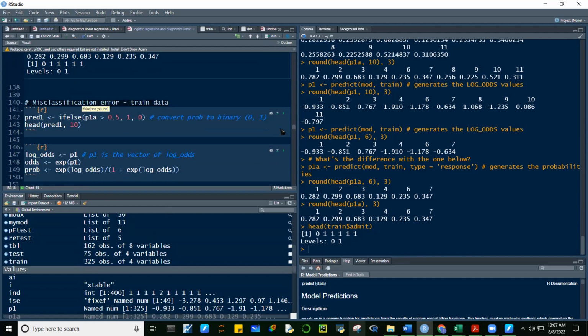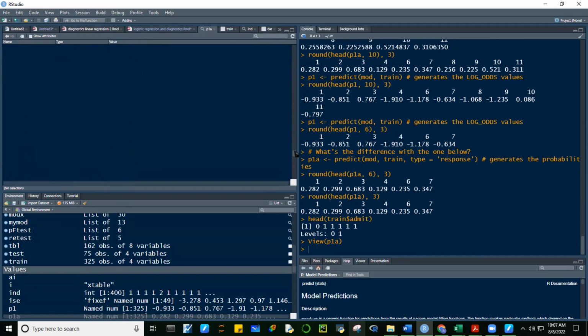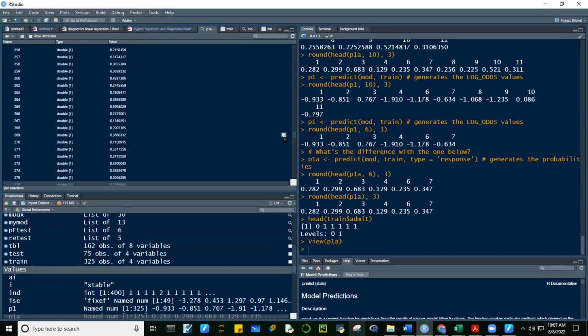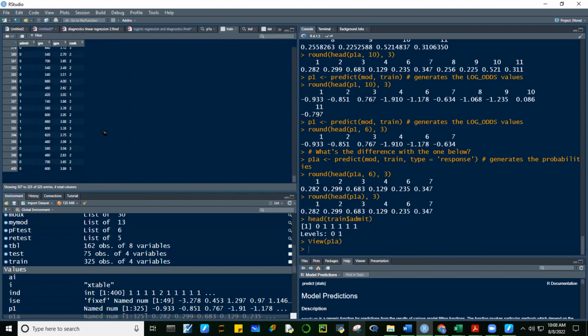What is P1A? Let's view P1A. Okay, here it is. P1A shows observations 1, 2, 3, 4 and their values, 1.28, then 0.299, etc. So P1A is a vector consisting of all the observations from the trained data set and their corresponding probabilities, like 0.366. Let's look at the end of our trained data set: not admitted, not admitted.